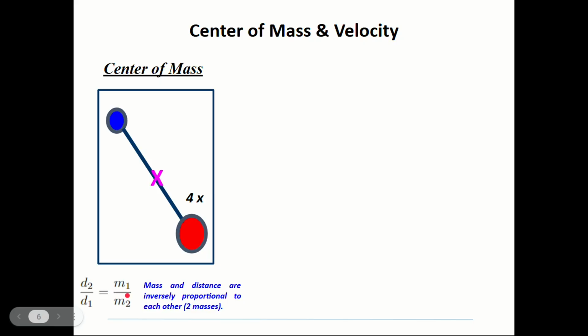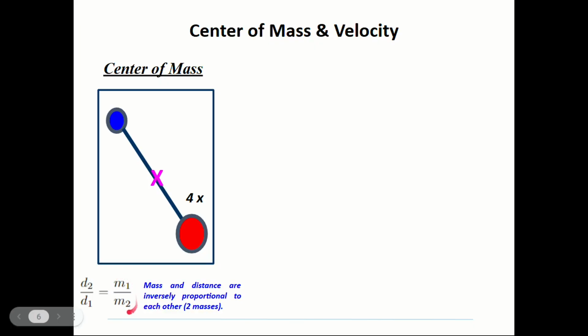So that means my ratio is going to be 4 to 1, which then, if I look at the relationship between D2 and D1, that is going to be the distance. So D2 is going to be the distance between the blue mass and this X here, while D1 is going to be the distance from this red mass to this X here.